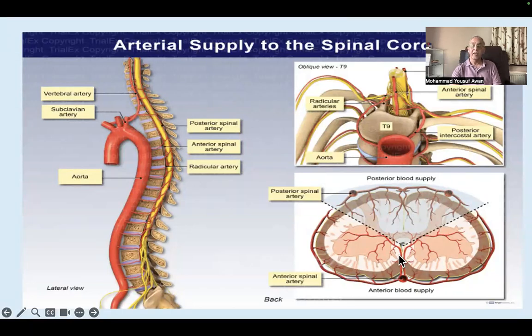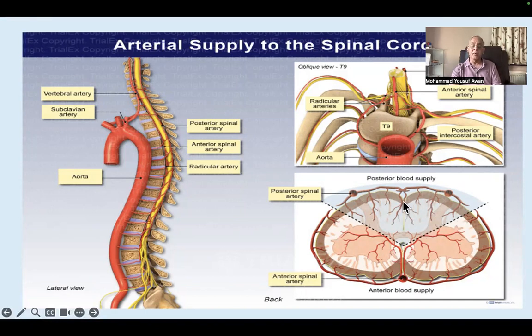So if there is a lesion of the anterior spinal artery, that will affect the anterior 2/3 of the spinal cord, and you can imagine which tracts are in this area and what the effect of occlusion of the anterior spinal artery could be.